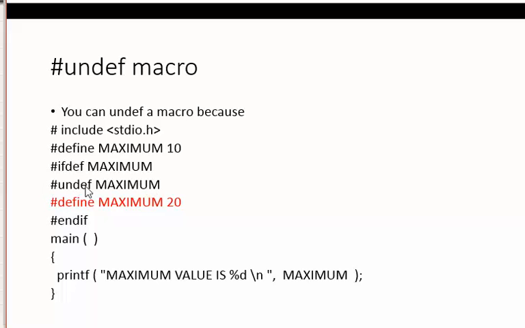That means remove the definition of the macro, which is 10, and then you redefine it as 20. All right. And then your program will run. Now it will count 20 instead of 10. So undef macro is something you need to understand too.